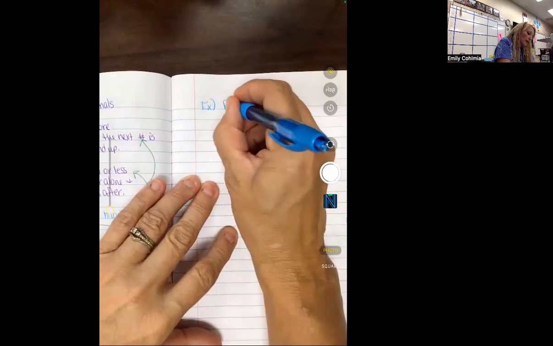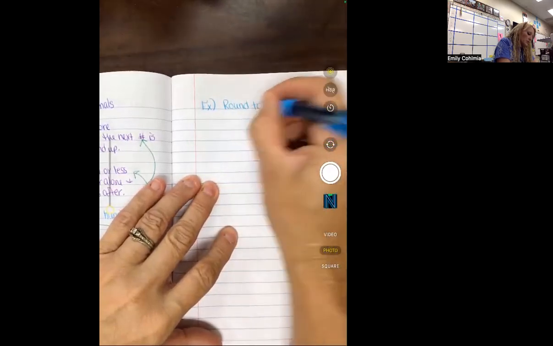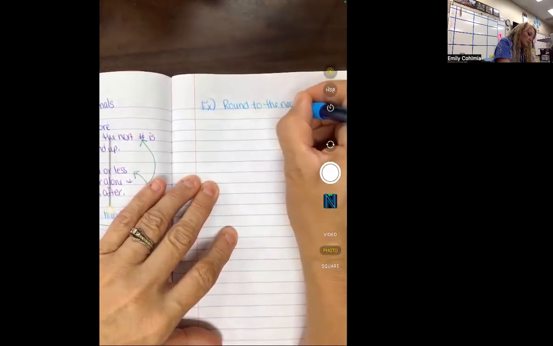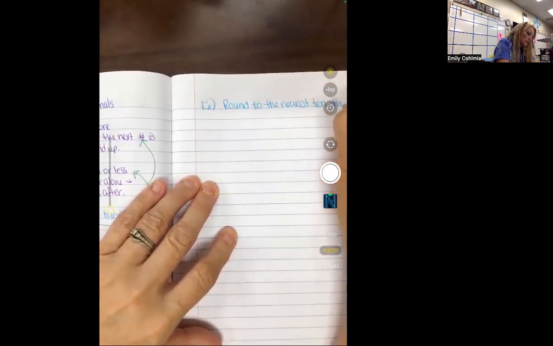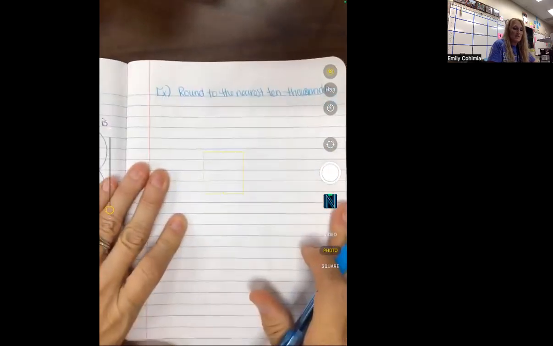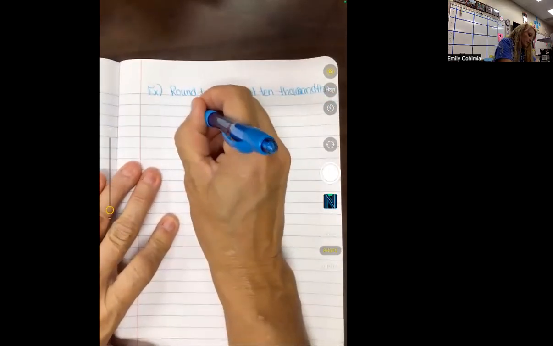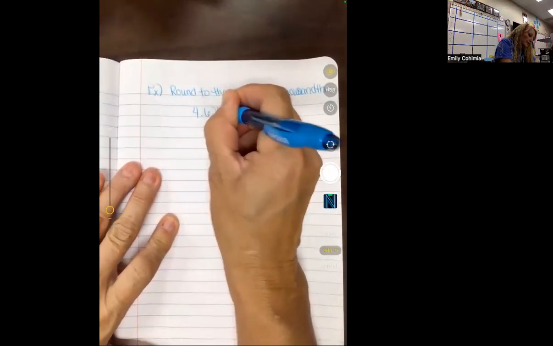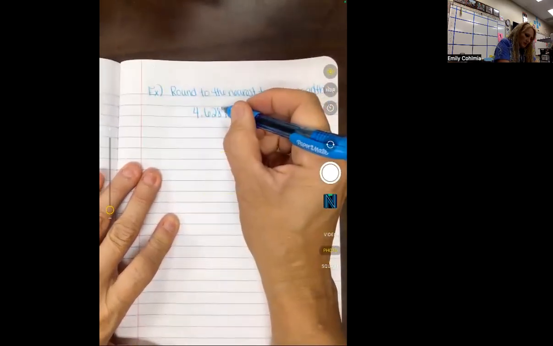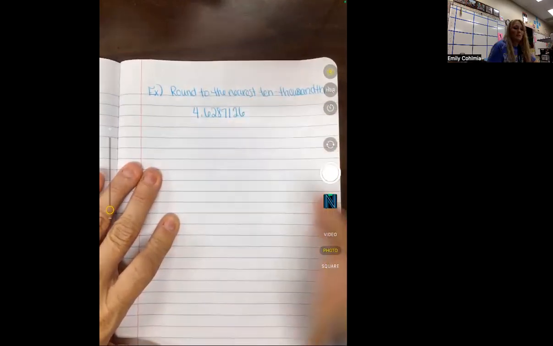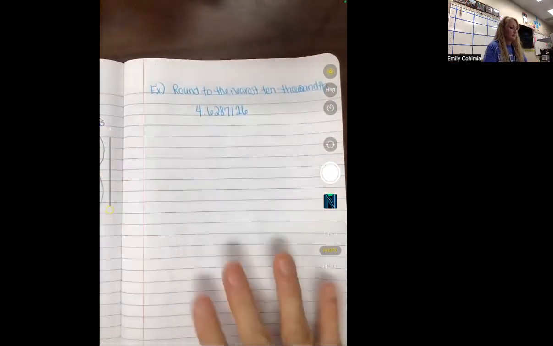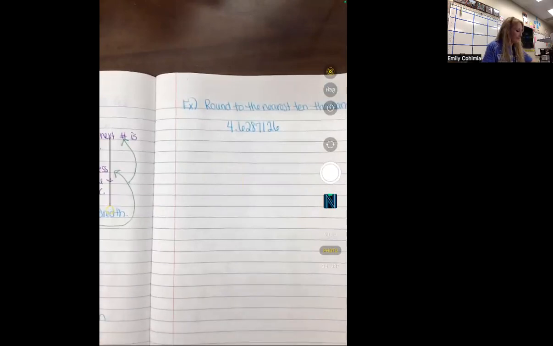So we're going to say round to the nearest 10,000th, if I can spell today. Round to the nearest 10,000th. So we're going to have 4.6287126. So we need to find out how many decimal places are the 10,000th.